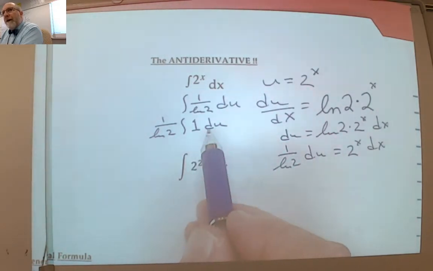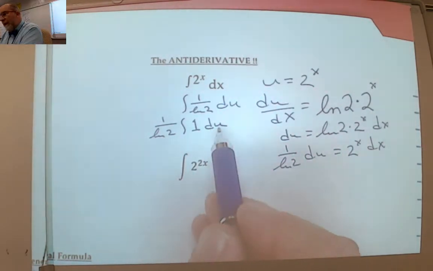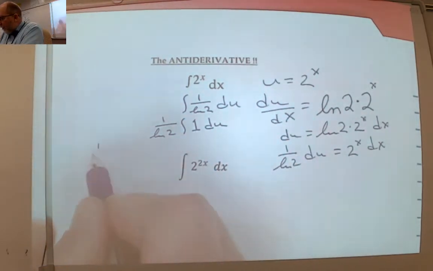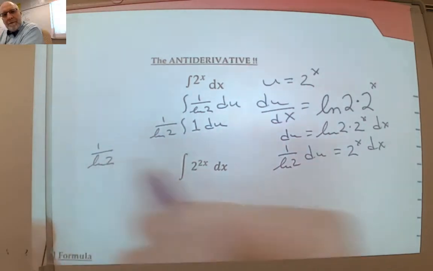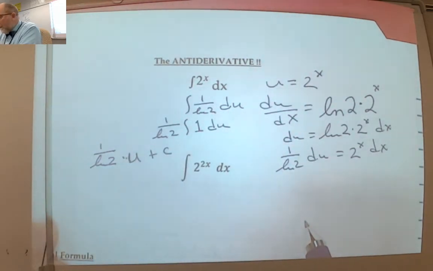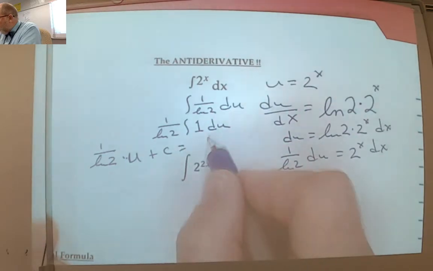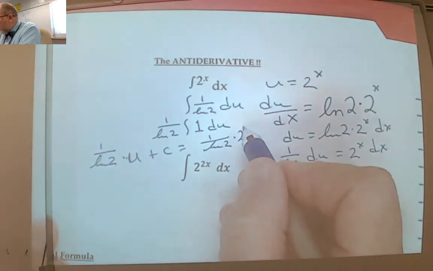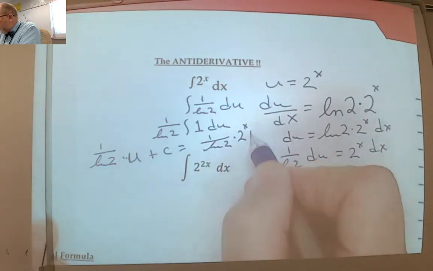A lot of people say x. And it would be x if it was dx, but since it's du, it's u. So I get 1 over the natural log of 2 times u plus c. So what is that? It's 1 over the natural log of 2 times 2 to the x plus c.